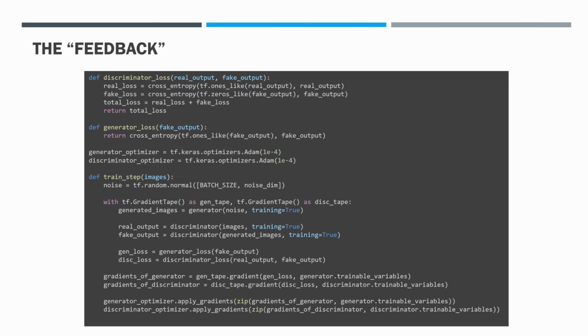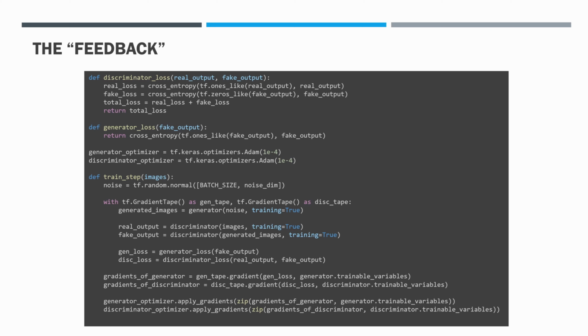And the most important part of any GAN is the feedback phase. If you think back to our story of the artist and the art critic, you know that the artist only started to get improved results because the critic actually provided feedback to the artist.